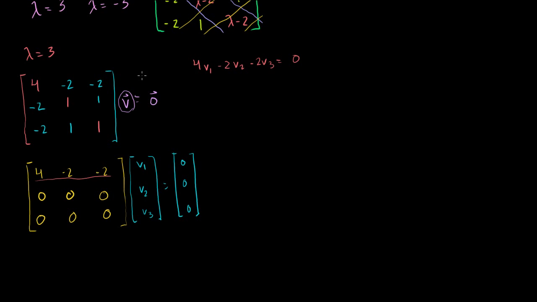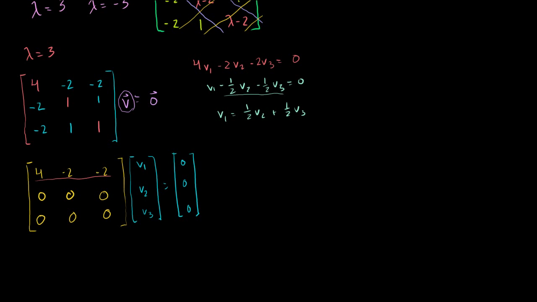And, well, let's just divide by 4. I could have just divided by 4 here, maybe I skipped a step. But if you divide by 4, you get v1 minus 1/2 v2 minus 1/2 v3 is equal to 0. Or v1 is equal to 1/2 v2 plus 1/2 v3. Just added these guys to both sides of the equation.